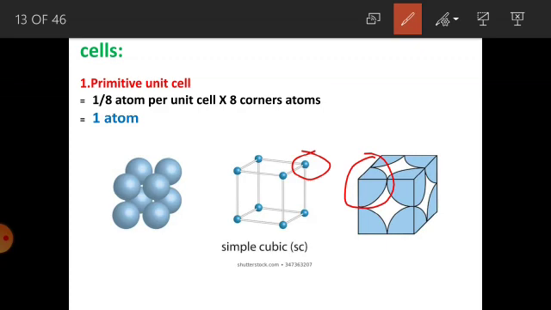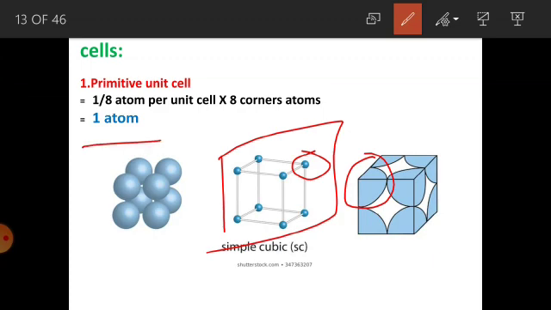Therefore, all the other atoms also contribute 1/8 part per unit cell. So let us calculate how many atoms are present in a single unit cell. 1/8 atom per unit cell times 8 corner atoms gives 1 atom. So in a simple cubic unit cell, there is 1 atom present.